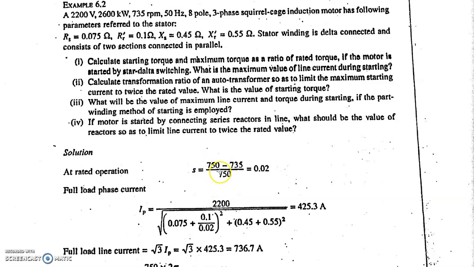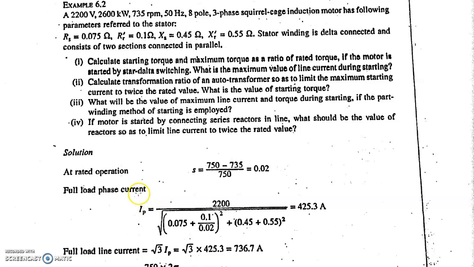Slip is omega ms minus omega m upon omega ms. Omega m is given as 735 rpm and omega ms is 120 f upon p. F is 50 Hz and P is 8 poles, so omega ms will be 750. On this basis, the slip is calculated.